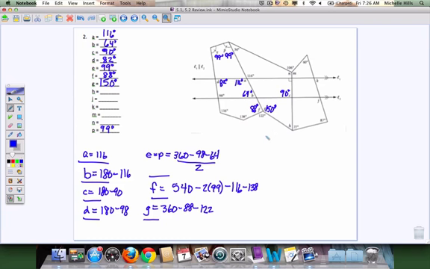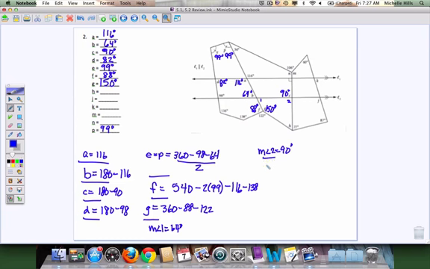To find H, I have a couple of choices, and I don't actually have to find H next. Well, to find H, I know that this is a 64-degree angle, so I can say the measure of angle 1 is 64 degrees. Measure of angle 2 is 90 degrees.